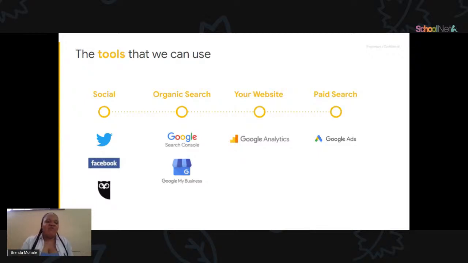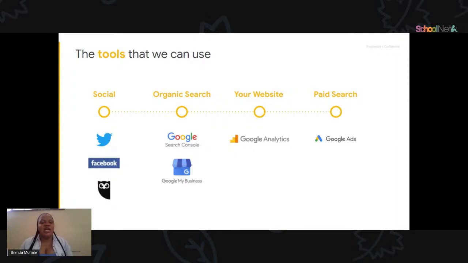So there are tools that you are able to use. We have social media, which is our Twitter, our Instagram, the Facebook, naming all. We have WhatsApp that people normally use for their analyzing, and we have organic search.